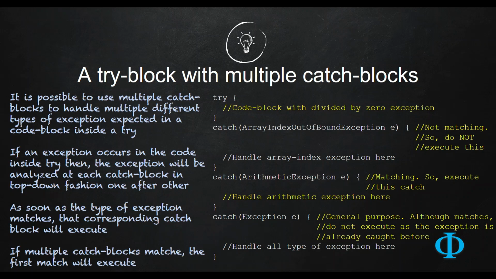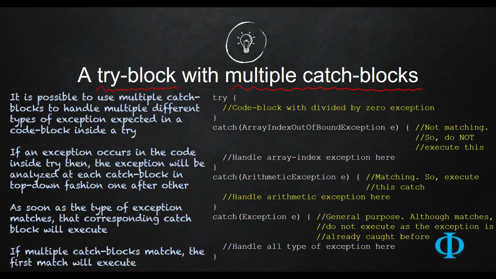So it is possible in Java to write one single try block with multiple catch blocks. What happens is, it is possible that one block of code can result in multiple different types of exceptions that you need to handle.